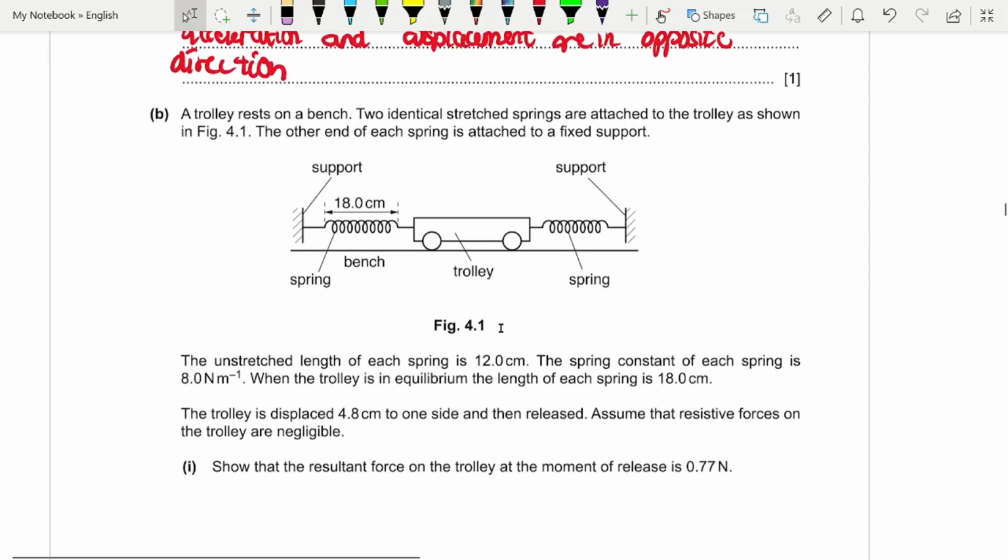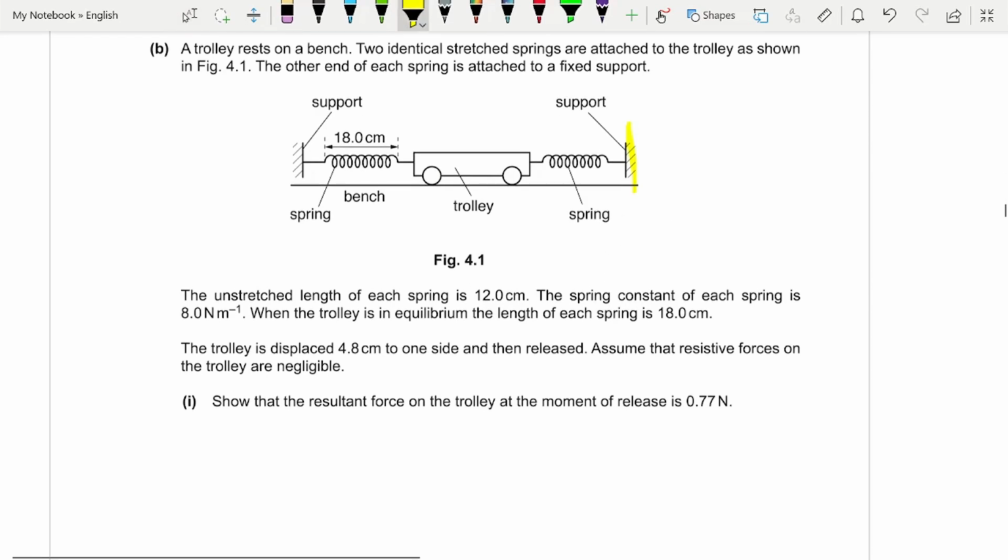Question B. We have a little trolley that is at rest on a bench. Scenarios in physics, they never leave each other. Two identical stretched springs are attached to the trolley as shown. The other end of each spring is attached to a fixed support. We're given the unstretched length of each spring is 12.